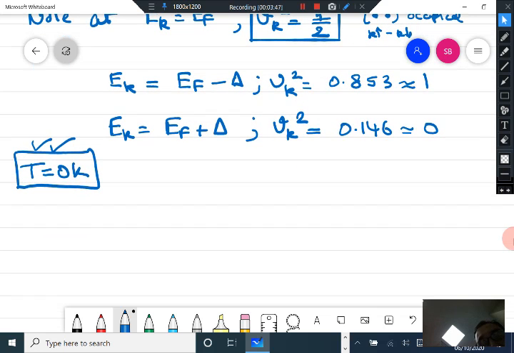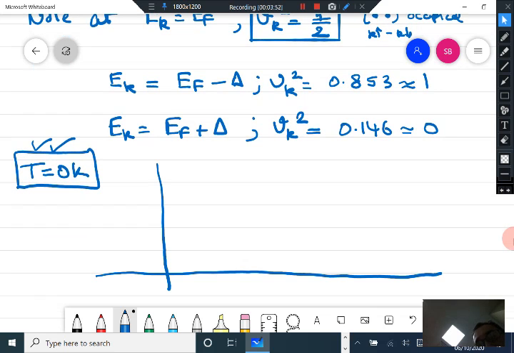So if I look at the plot of this Vk square around the Fermi energy as a function of energy, it is 1.